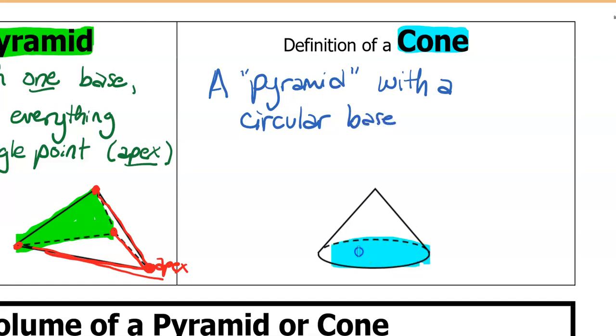So here, got a circle. And so every point, there aren't any corners, of course, but every single point around the edge of that circle connects up to that same apex. That's some good drawing there, Miss Kennedy. Well done. But we can still treat it the same way that we do a pyramid.